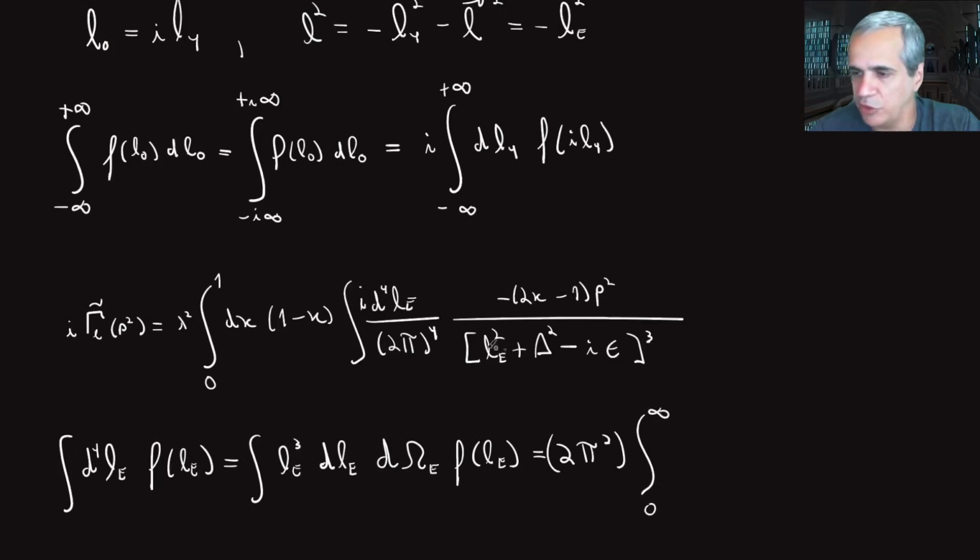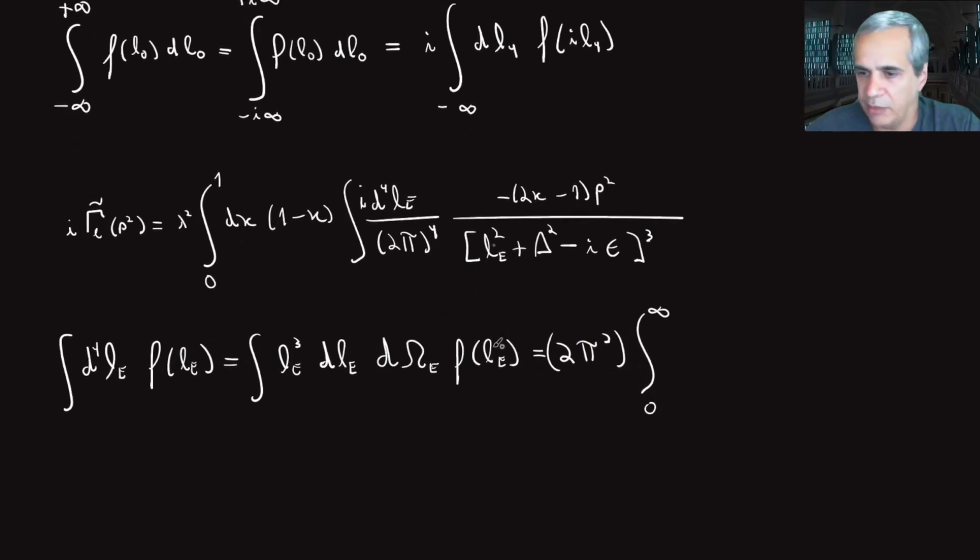integral. And now I want to change, since I have here L_E squared, I want to exchange the integral in dL_E for an integral in dL_E squared, because then this is more straightforward for what I need. This is easy because L_E times dL_E is half d L_E squared, right?